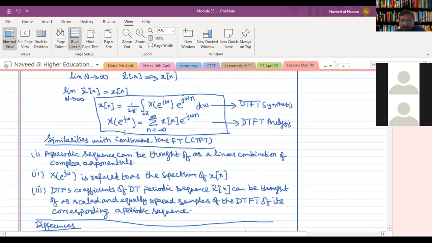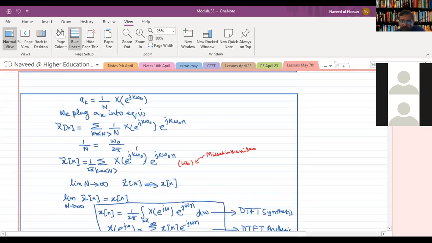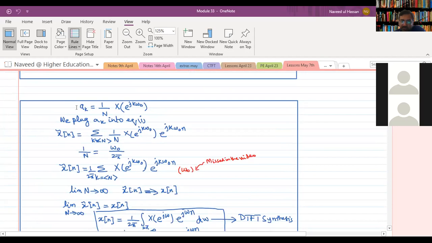We can think of them as the equally spaced and scaled samples of this transform function because of this development. ये discrete time Fourier series के coefficients हैं.